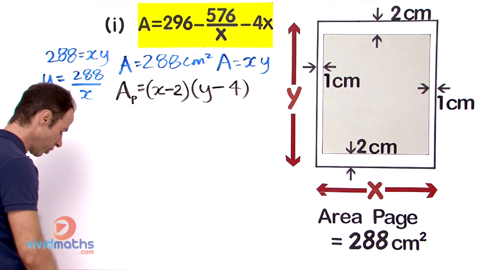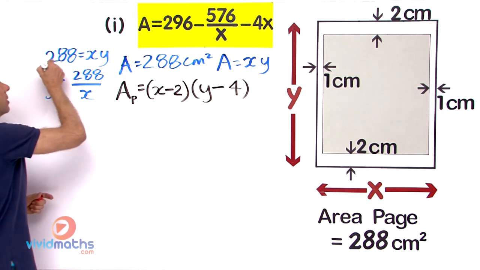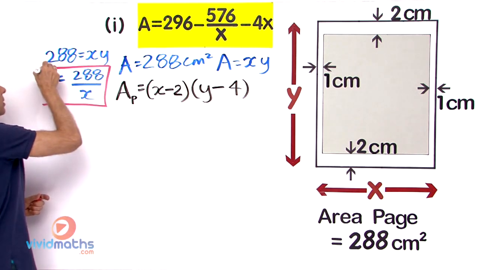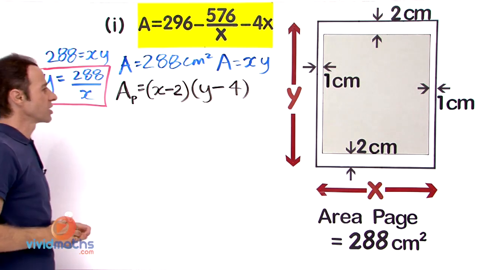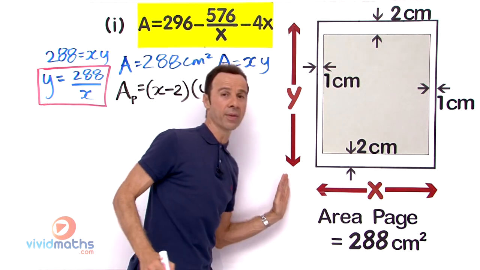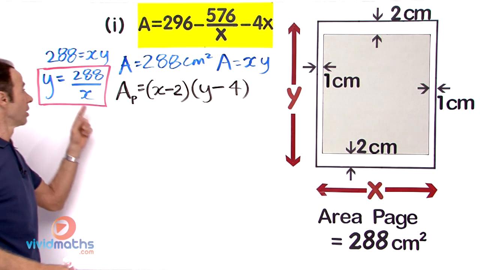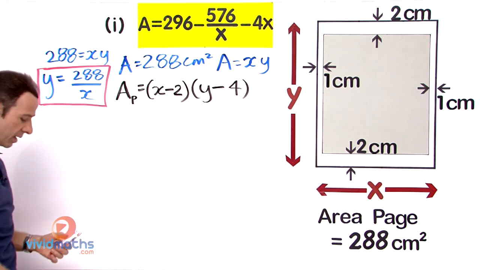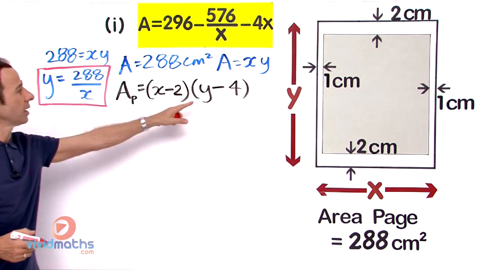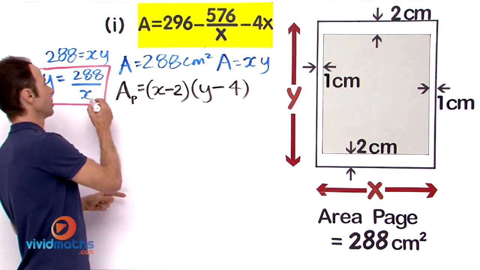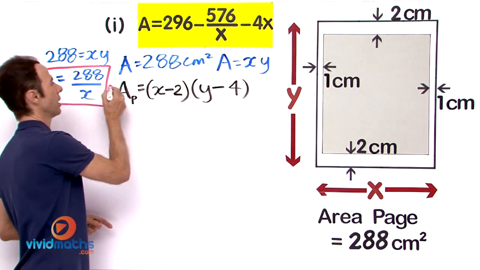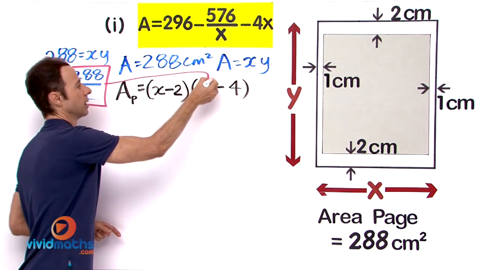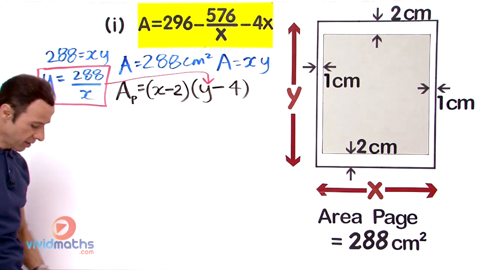Okay, let me put a little border around that. The x and y again, that's the total y there and the total x there. That's what we've got right over there. So why don't we go ahead and drop that into here and replace it with the y there. So we're going to replace this y with that y. So we're going to drop it in there. So let's go ahead and do that.